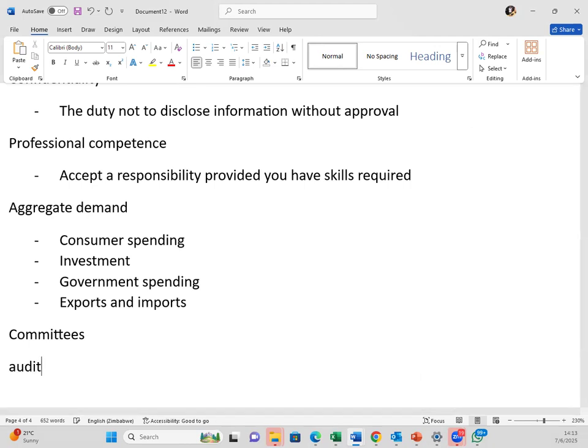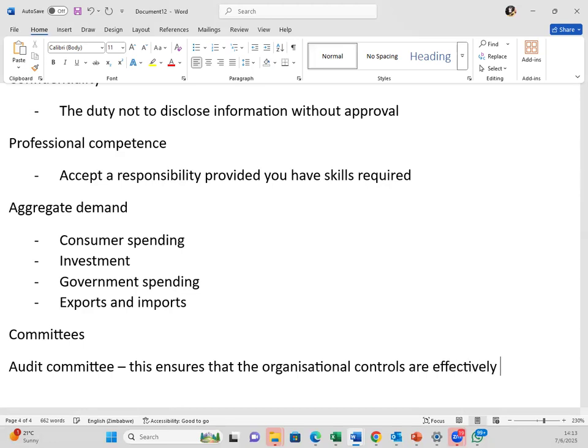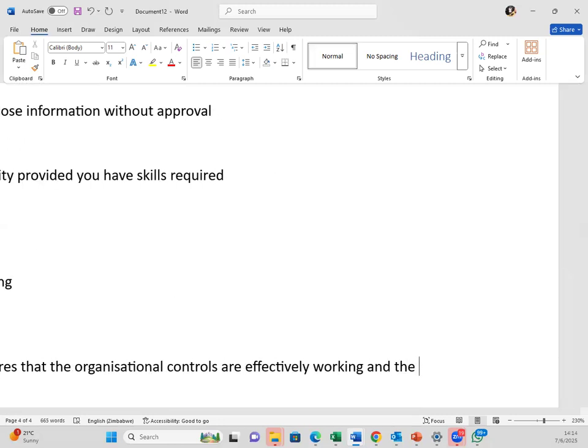So we have the audit committee. This ensures that the organizational controls are effectively working, and there are no errors and fraud.